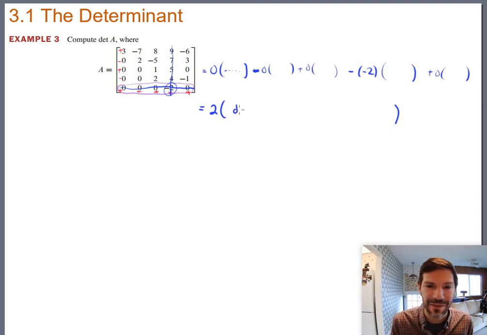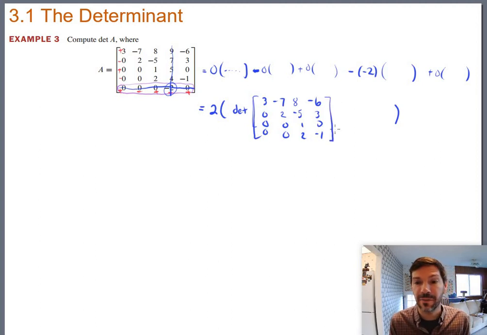I'm actually going to write out the matrix here: the determinant of 3, -7, 8, -6, 0, 2, -5, 3, 0, 0, 1, 0, and 0, 0, 2, -1. So it's 2 times the determinant of this.